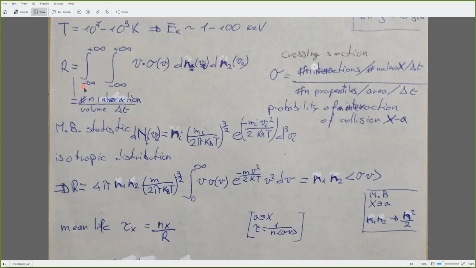Here it is integrated from minus to plus infinity, which can make no sense for a numerical density, but this is because it's integrated along the velocity. The numerical density depends on the velocity. Just remember this one.